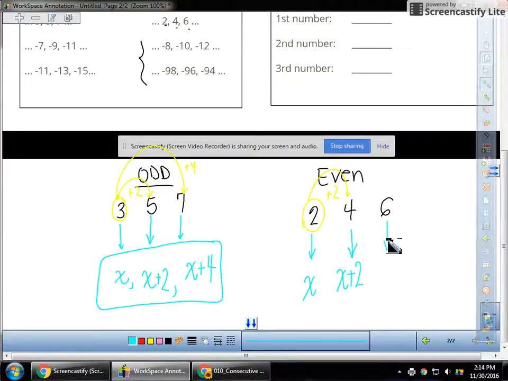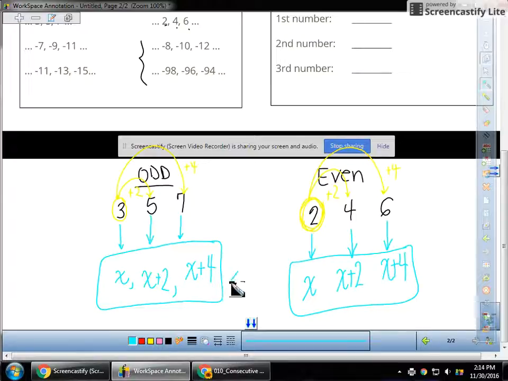How do I get to my third consecutive even number? Well, I go from my first integer and I add, in this case again, 4. So I represent this as x plus 4, and this is how I would represent 3 consecutive even integers.